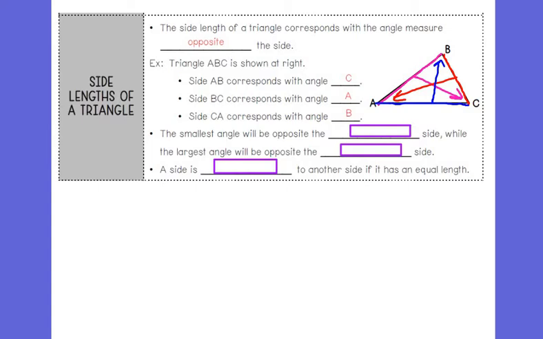No. So the smallest angle is opposite what kind of side then? If it's not the longest, it's the shortest side. Well, here's my largest angle. What kind of side is opposite the largest angle? The longest side.